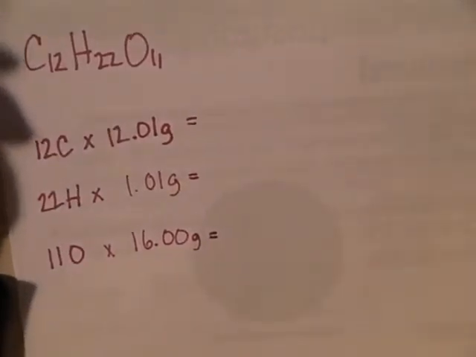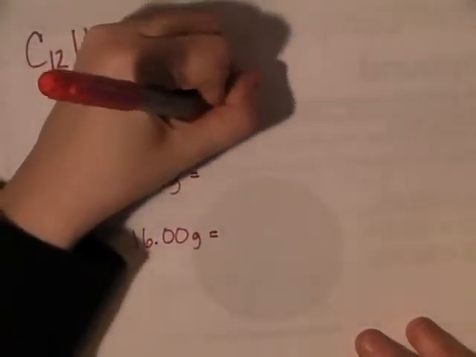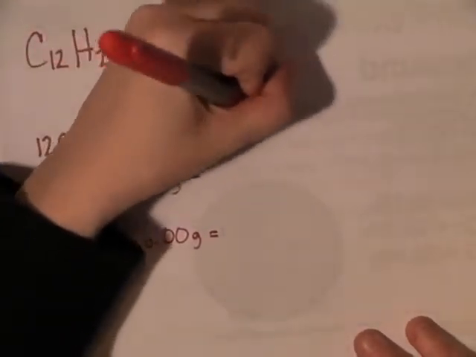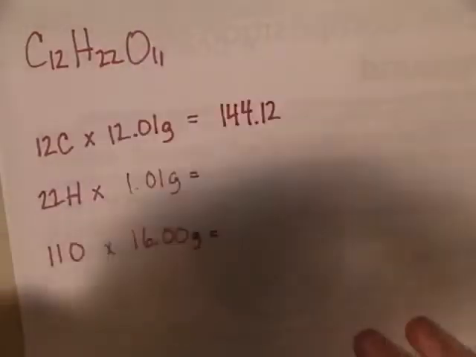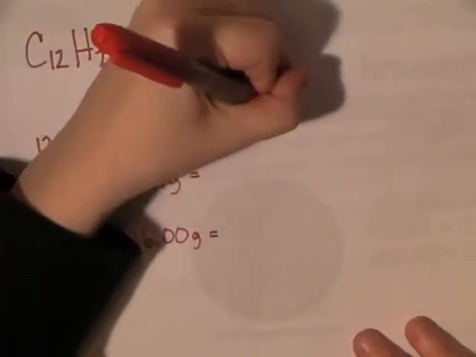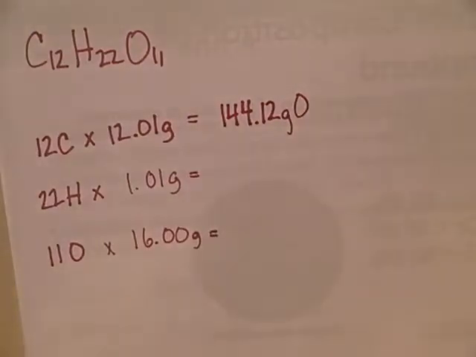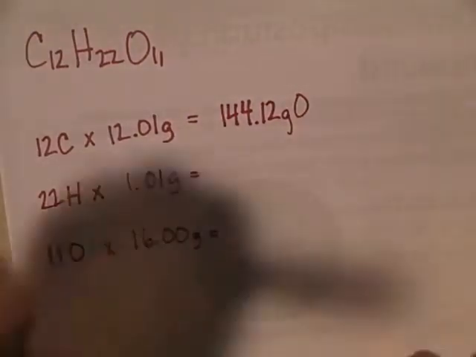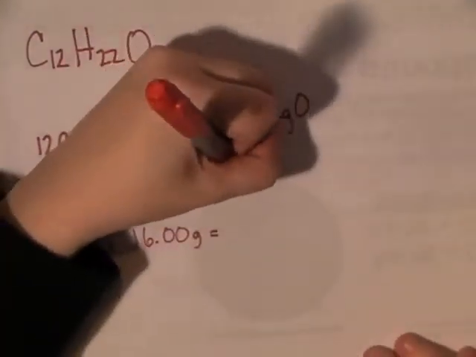So 12 times 12.01, I believe is 30, no, I'm not even going to make myself sound stupid. You all know I can't math in my head, so I'm just going to calculate it real quick. 144.12. I should have known that. Really should have, but it's okay. 144.12 grams of oxygen. Right? 22 times 1.01, that one I can do in my head.